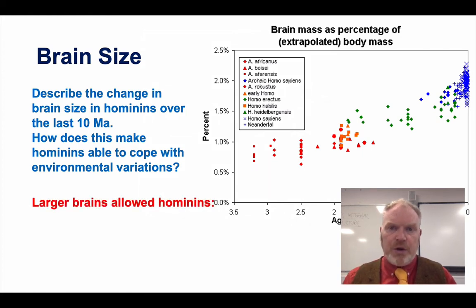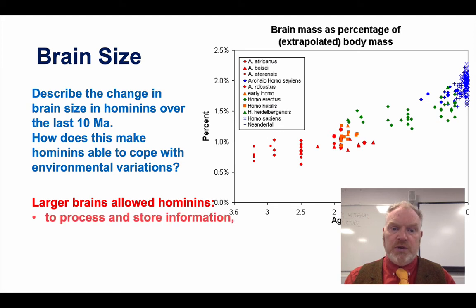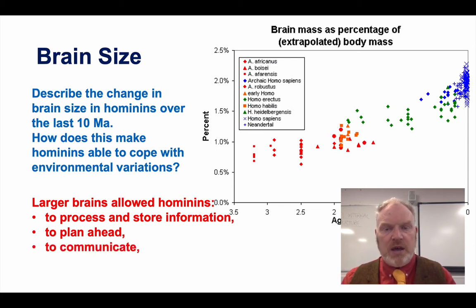But these larger brains allow humans to process and store information, much as I hope you're doing at the moment. To be able to plan ahead, to be able to anticipate any problems, to communicate with each other, where you might be sharing information, or in the dry times before my ancestors found fruit in the next valley across.